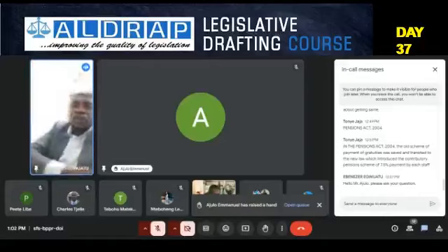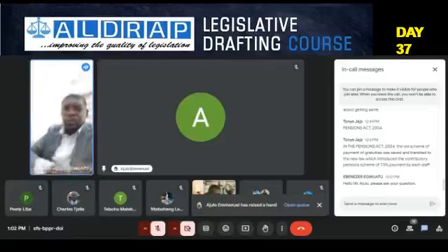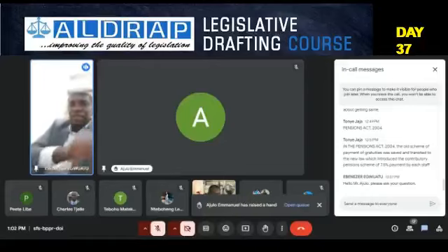You check different laws. You check the Workmen's Compensation Act. What does the law say in terms of your remuneration and that you must come to work? You check it. Then you ensure that there is no conflict between that one and this.